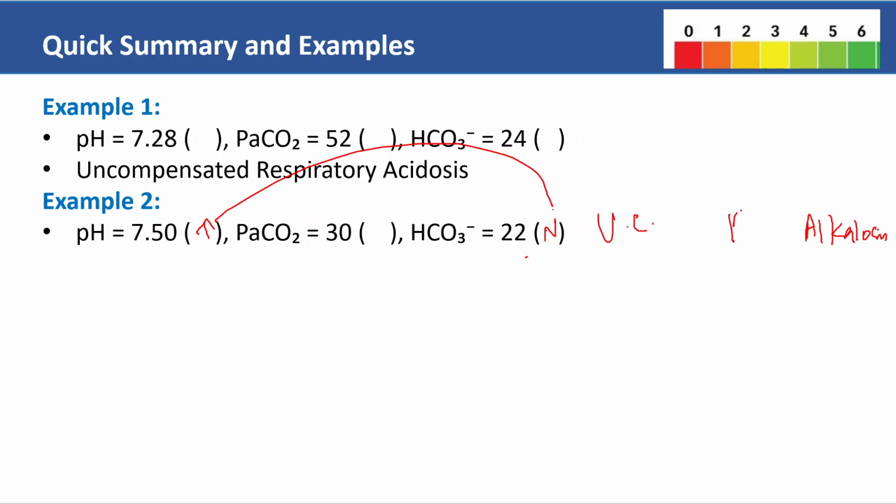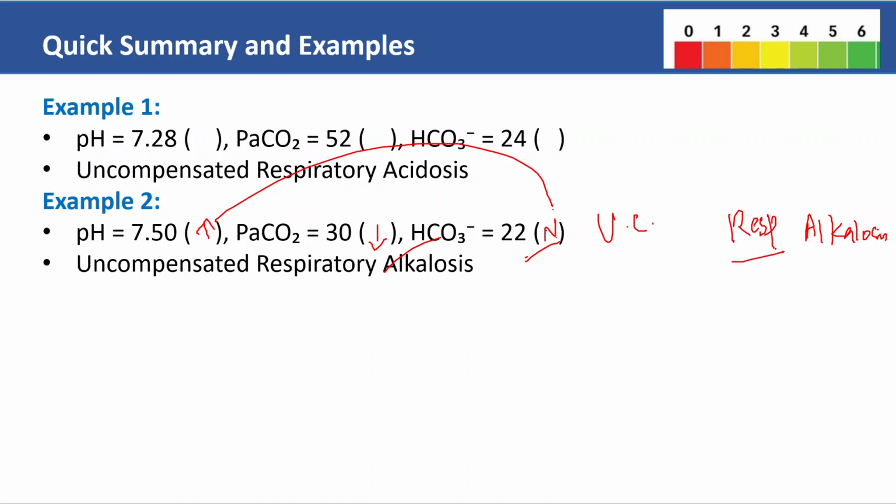So I have to put respiratory first, and then let me see whether it is uncompensated or not. This is normal, and the PaCO2 35 to 45 is normal, so it is actually decreased. So one is normal and another is abnormal. This is going to be the diagnosis. It is uncompensated respiratory alkalosis.